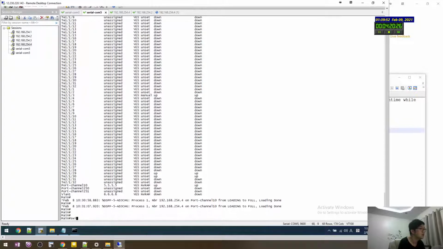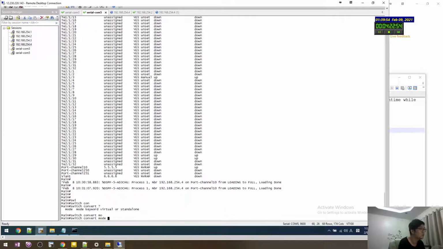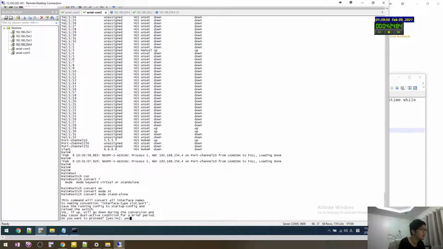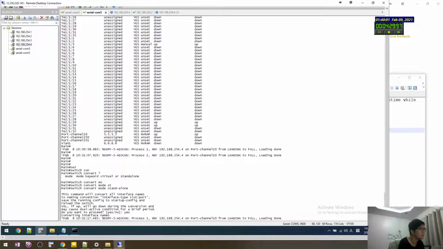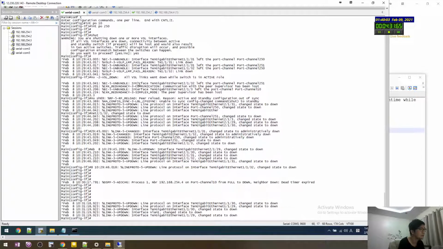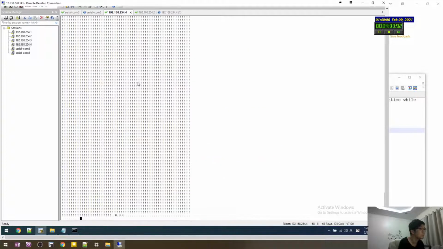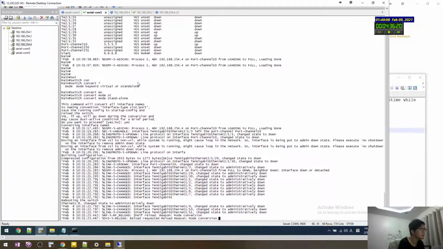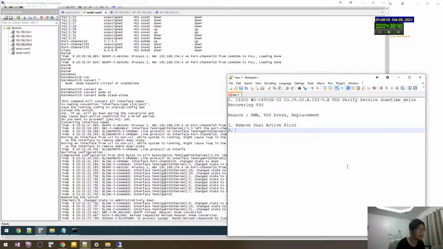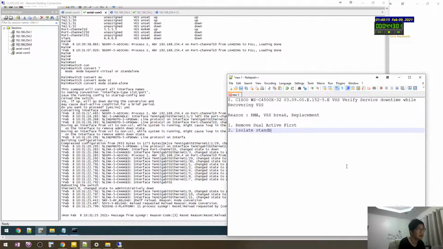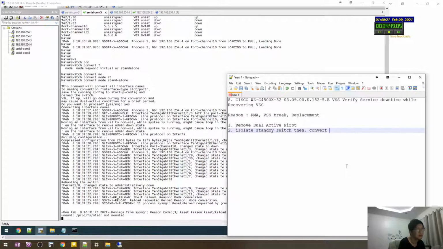Okay. Switch convert mode standalone. Yes. And then isolate the standby switch, then convert to standalone.